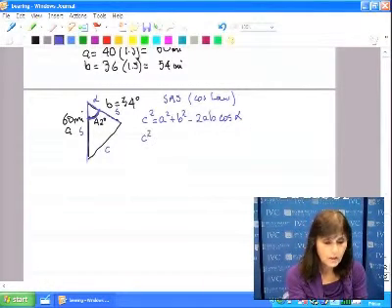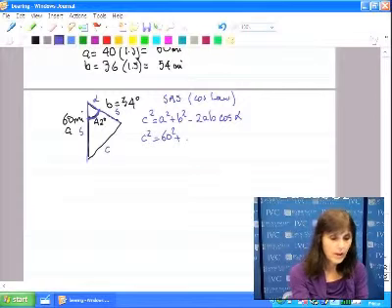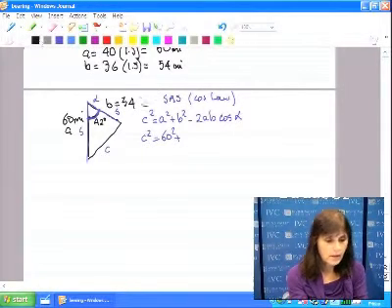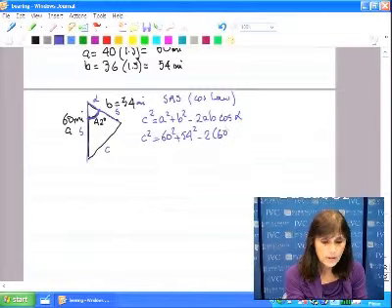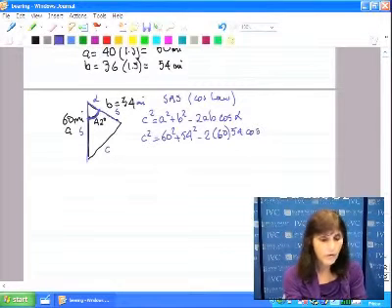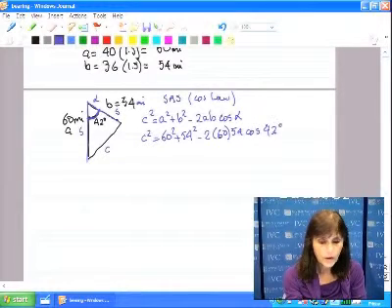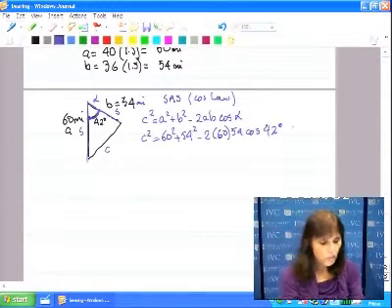C squared is 60 squared plus 54 squared, that one is miles, minus 2 times 60 times 54 cosine of 42. You can do that in one swoop.